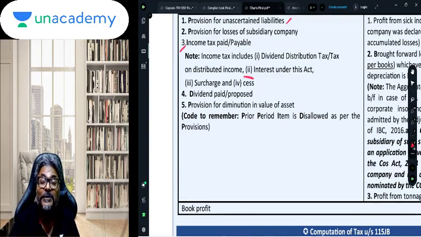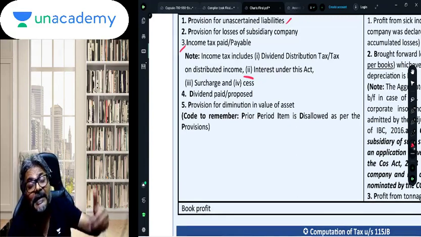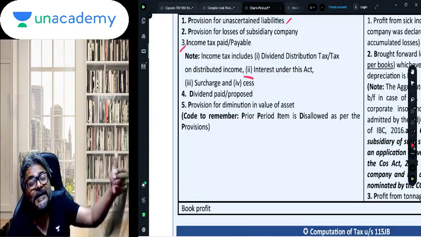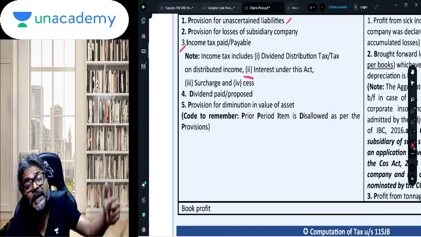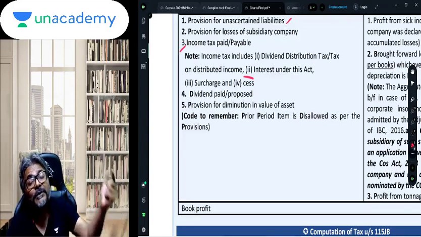If you deposit the money in the gratuity fund, you can claim the deduction in the same year. But suppose you pay the gratuity directly to the employee, and it is paid in the next year, although before the due date of filing the ROI.